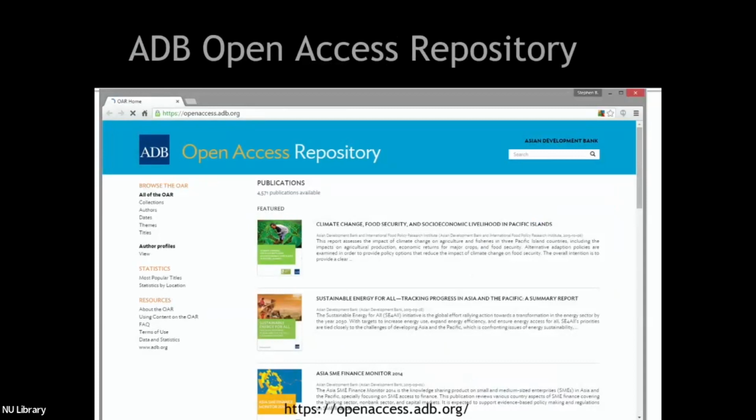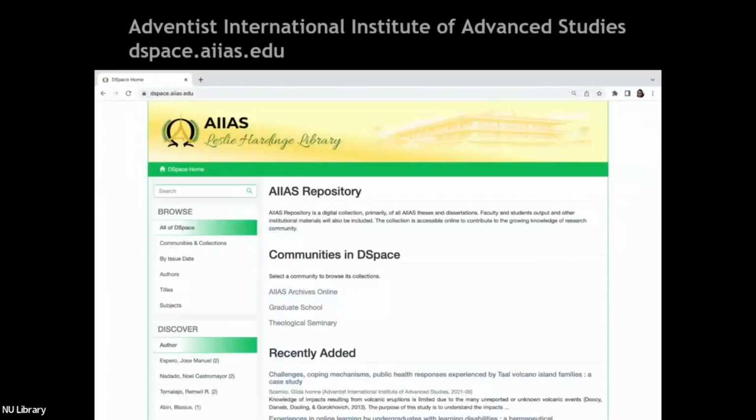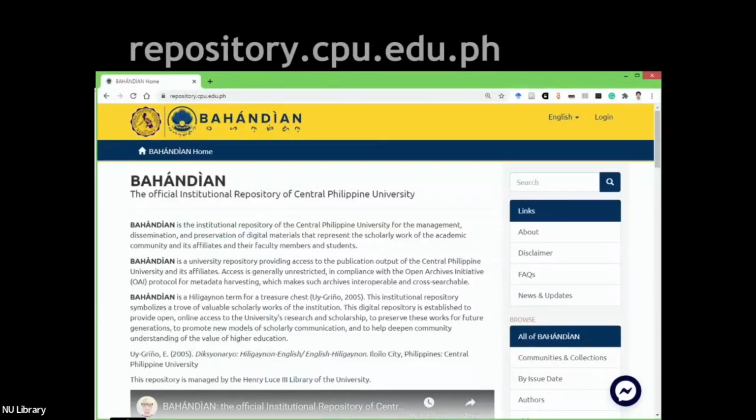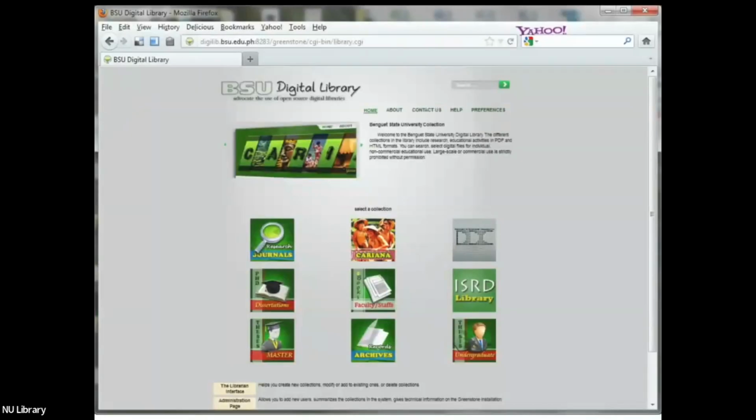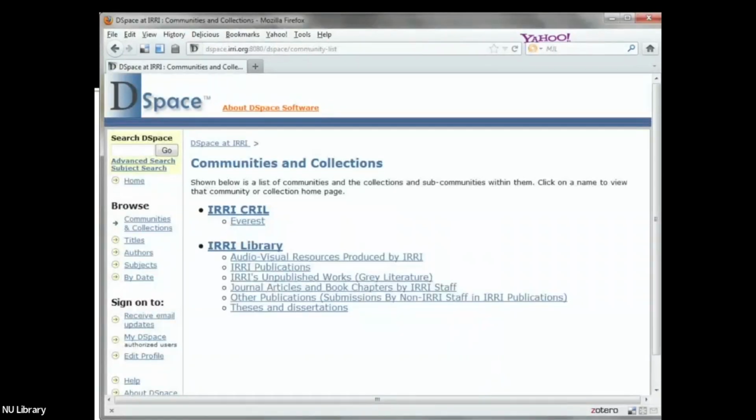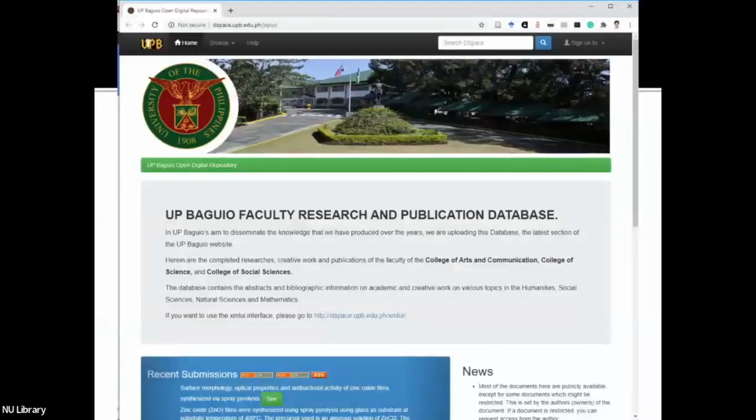And there's the Asian Development Bank, the Adventist International Institute of Advanced Studies, and CPU, where Dr. Valenzuela and I also developed the repository. Bandian is a treasure chest from the Central Philippine University. There are also the Benguet State University Digital Library, the International Rice Research Institute, or IRRI, and the University of the Philippines Baguio Faculty Research and Publication Database.